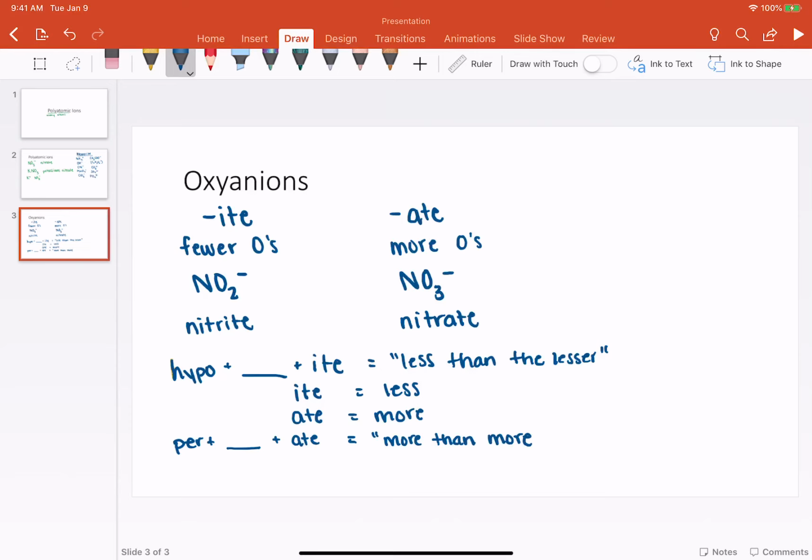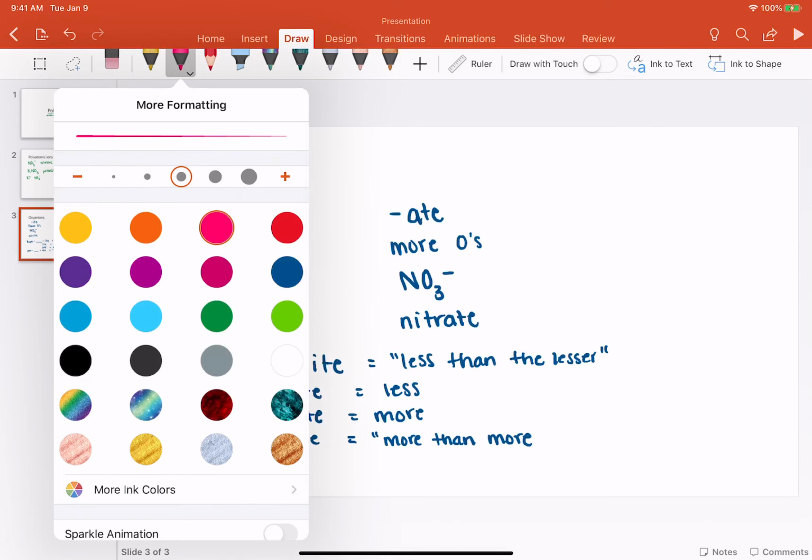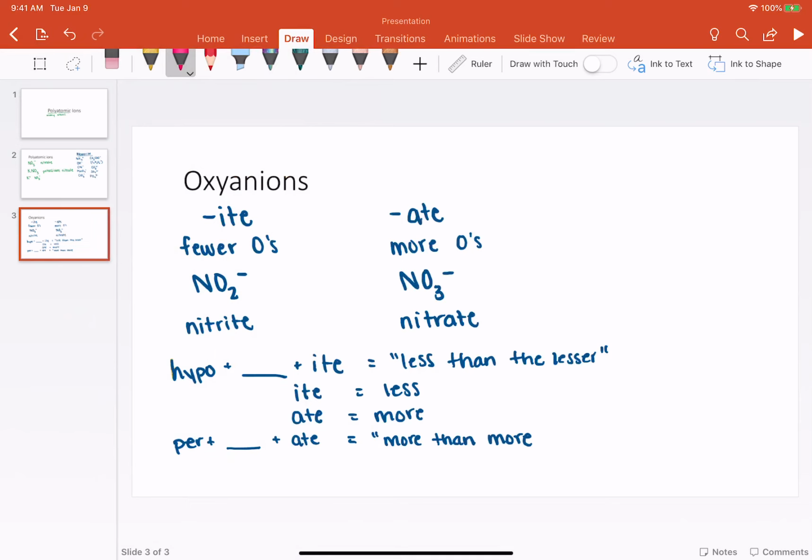So I'm going to give you some examples because this is kind of hard to picture without really having anything to relate this to. There's a whole series of oxyanions: ClO minus, ClO2 minus, ClO3 minus, and ClO4 minus.